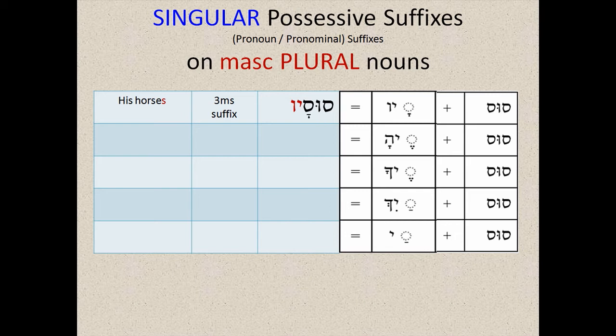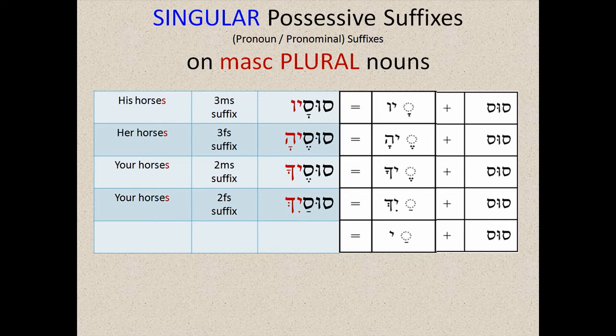So we translate the suffix singularly, his, and the noun is plural, horses, his horses. Sus e ha, third feminine singular suffix, her, and the plural noun horses, her horses. Sus e ka, second masculine singular suffix, your horses. Sus aik, second feminine singular suffix, your, and the noun's plural, horses, your horses.